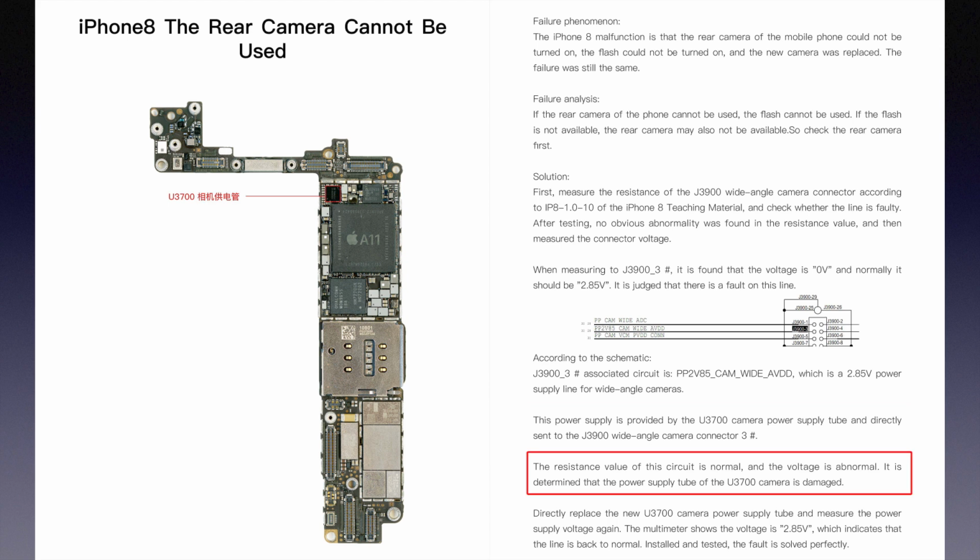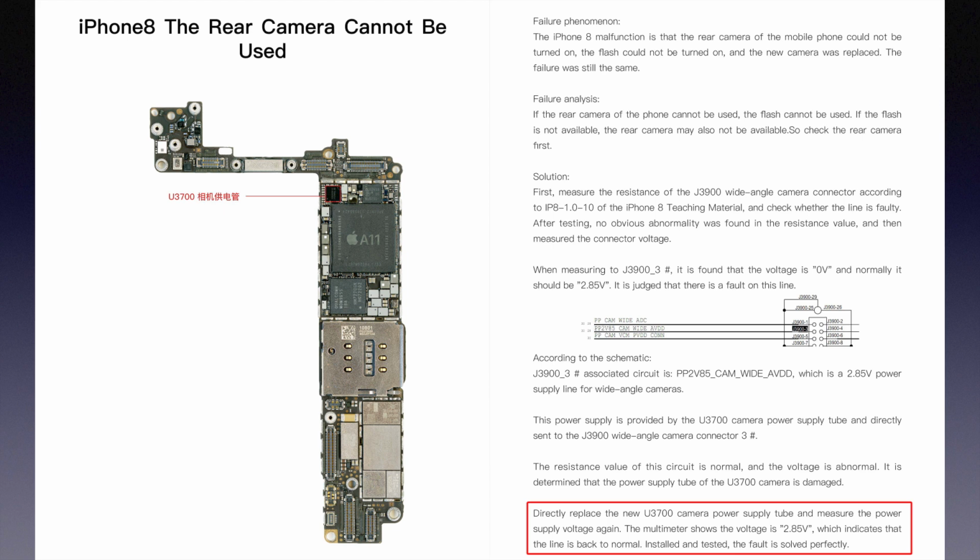The resistance value of this circuit is normal, and the voltage is abnormal. It is determined that the power supply of U3700 camera is damaged. Directly replace the new U3700 camera power supply and measure the power supply voltage again.